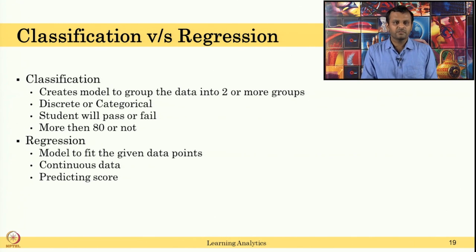Whereas in regression, the model tries to fit the given data points, that is xi to yi. Also, y is continuous data, a real number, and it's predicting the score. For example, when a new student comes, what will be the score, instead of putting him into whether the student will pass or fail, or get less than 70, more than 70, or more than 80. We're trying to predict the score. That's the difference between these two.